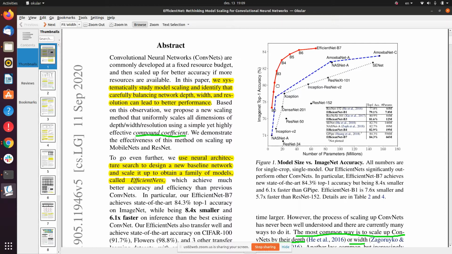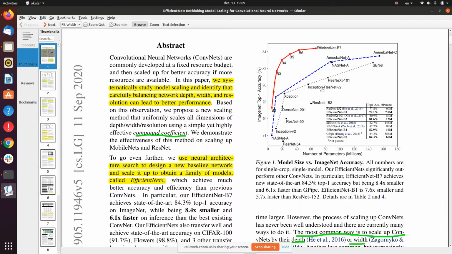Whereas the line shown in red shows different variations of EfficientNet, which starts from B0 to B7. B0 is somewhere around 76 or 77 accuracy, and then accuracy went up to close to 85 when you see EfficientNet B7.